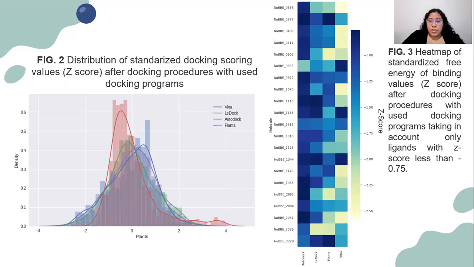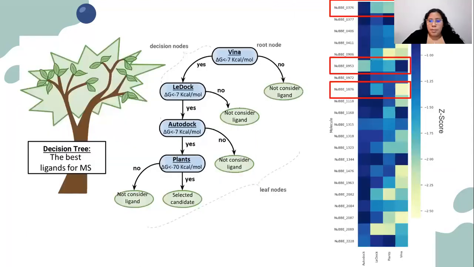Figure 3 shows the heat map of standardized free energy of binding values, Z-score, after docking procedures using the AutoDock, LeDock, and BINA programs, considering the decision tree procedure for the selection of the best candidates for binding to malate synthase.